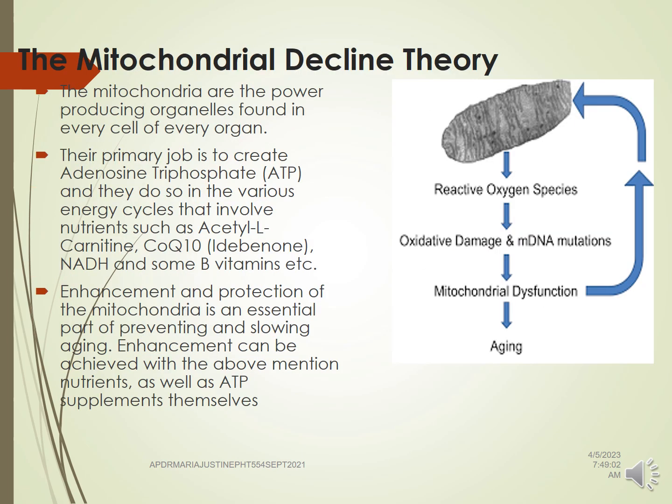The mitochondrial decline theory, okay, you know that when people age, the function, the size, and the number of mitochondria may be reduced. So this actually affects the production of energy.